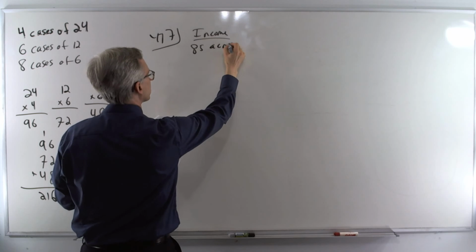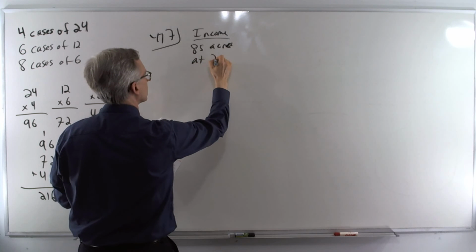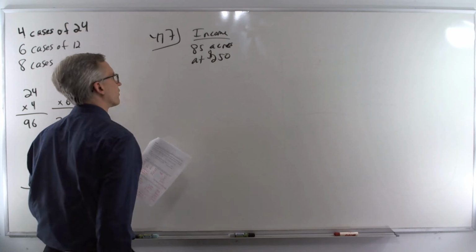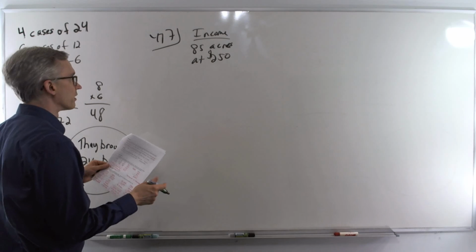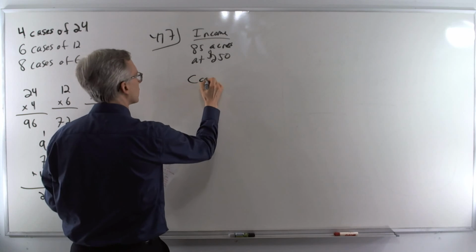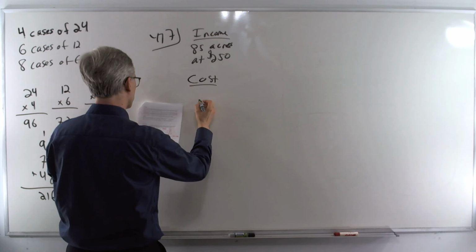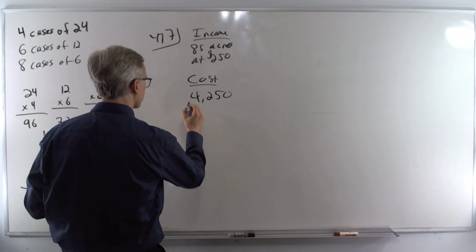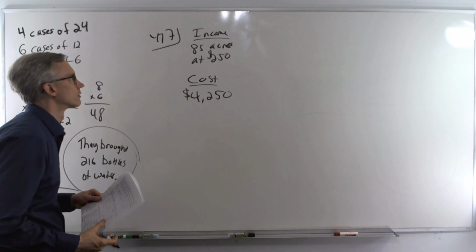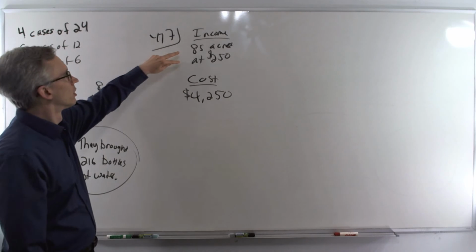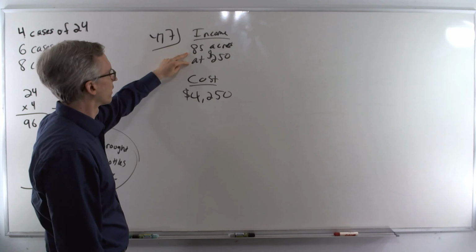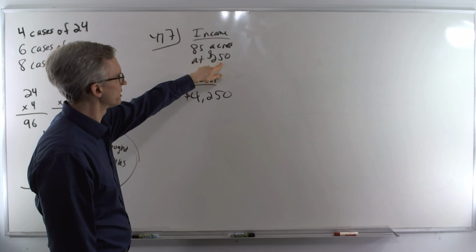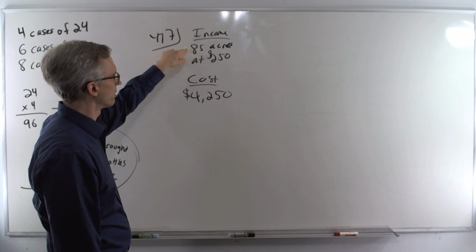So 85 acres at $250. And then the costs are the taxes, $4,250. Okay, so to find the total income, we've got the same price coming in for each acre, so that means we can multiply.